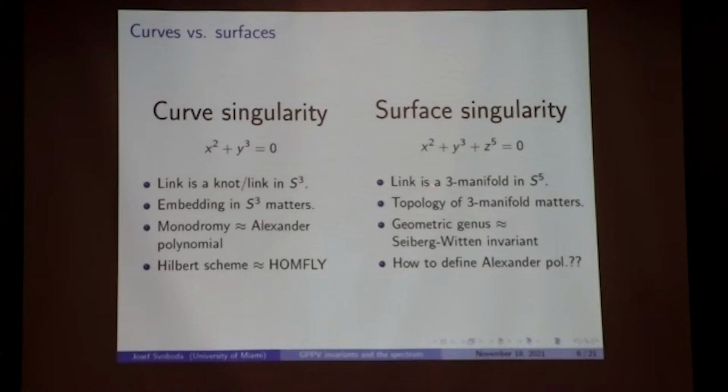The problem is that you can try to define the Alexander polynomial, but this only works for S3 embedded into S5. You can take a Seifert surface, which will be a 4-manifold, but then it depends on the choice. There are some papers on this, but so far it's not very clear. That's why we forget about the embedding and only care about the topology of this 3-manifold, which still gives us some information about the singularity.